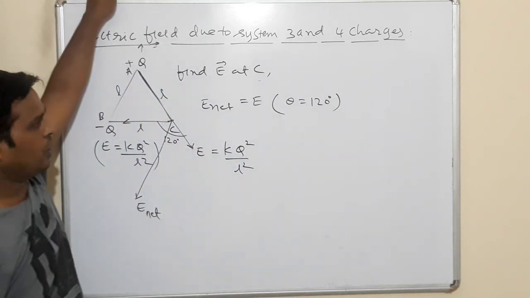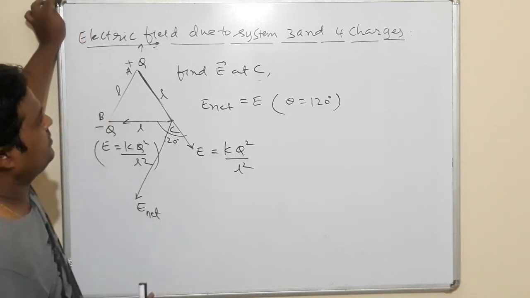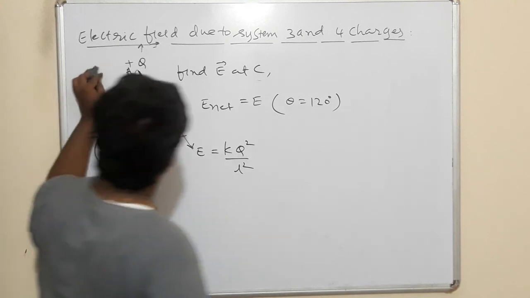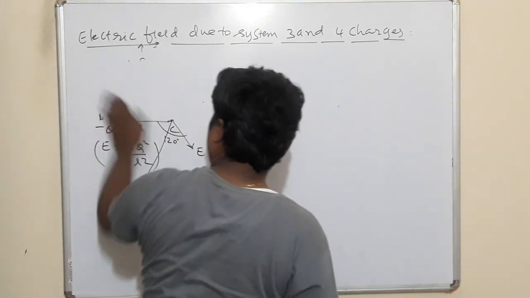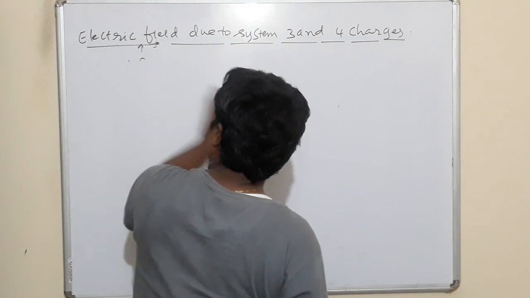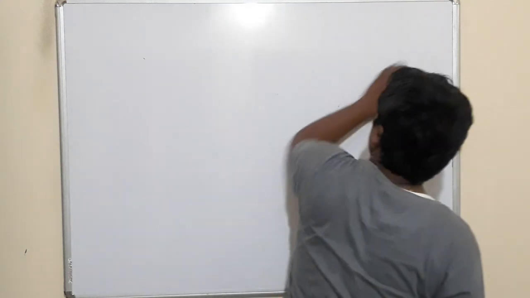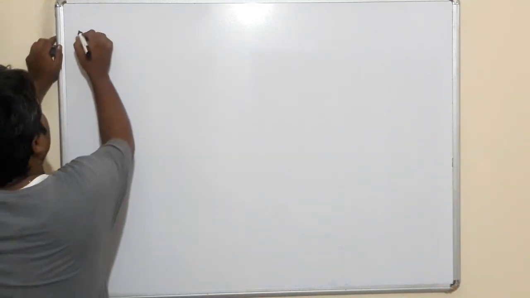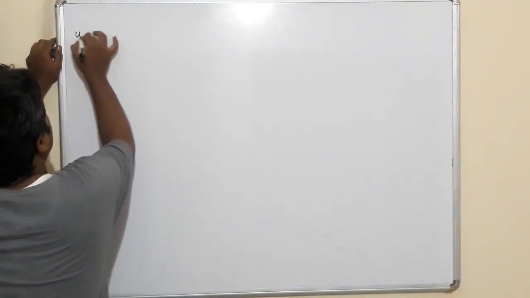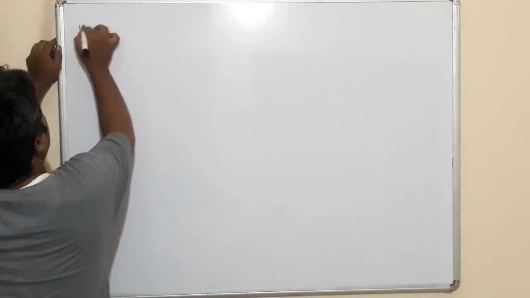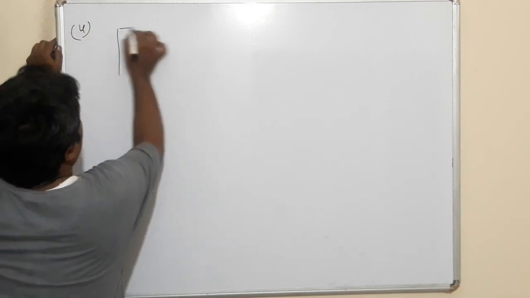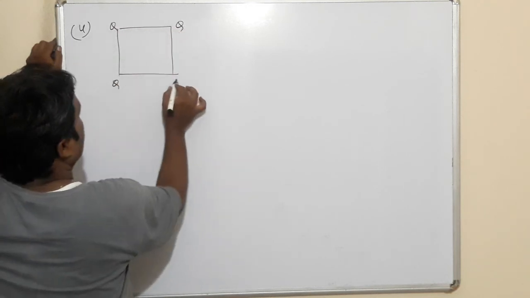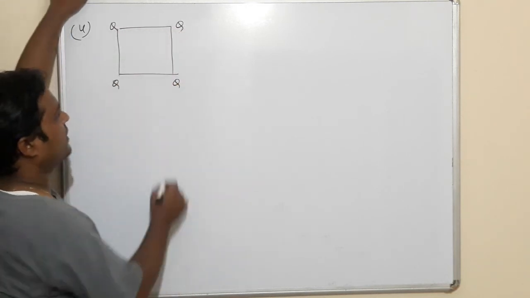Okay? Following these things? Then if I have a system of 4 charges, where will the net field be at the center? Some 4-5 examples we will take. See, this is example number 4. Suppose this is Q, this is Q, this is Q, this is Q. What will be the net field at the center?